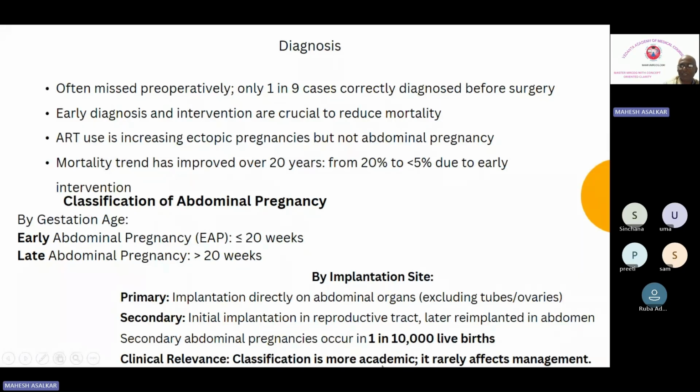The classification is more academic. It rarely affects the management. We should just know from an academic point of view whether it was a primary or secondary abdominal pregnancy, but from a management point of view, early and late abdominal ectopic will have different management, so the gestational age classification may be useful.